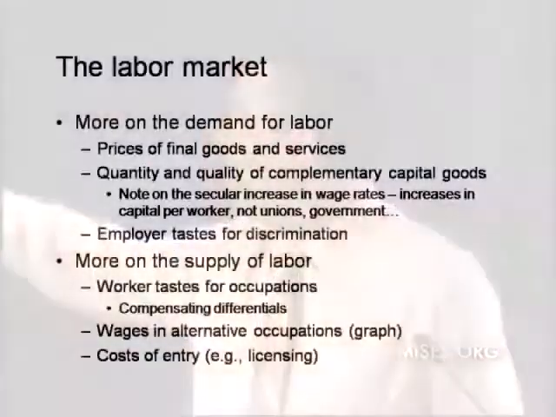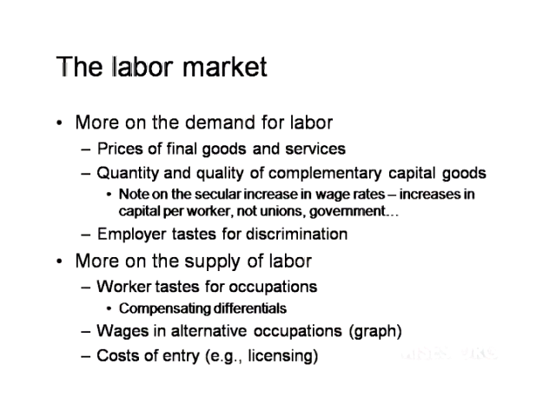Again, let's go back and think some more about the demand for labor. Okay, remember our basic story is that the value of labor, and thus entrepreneurs' willingness to pay for labor services, depends on the market prices given by subjective utility of the final goods and services that labor is used to produce. Okay?